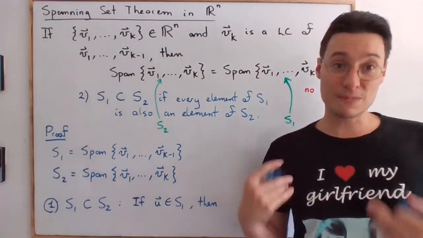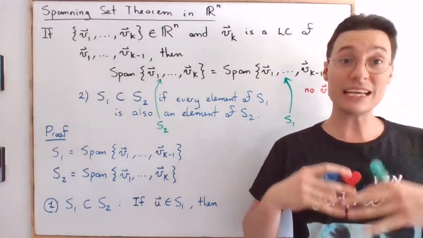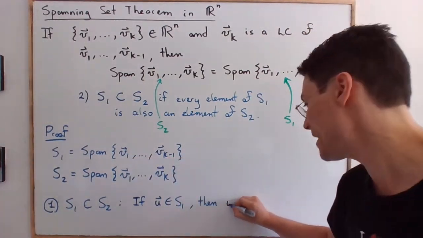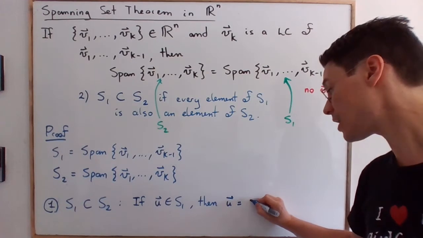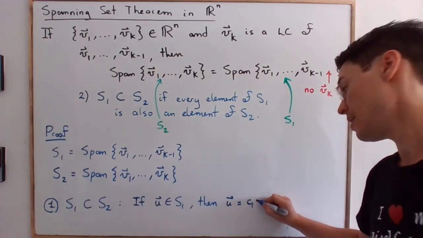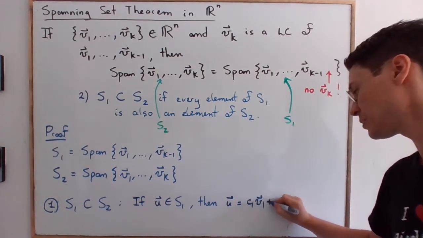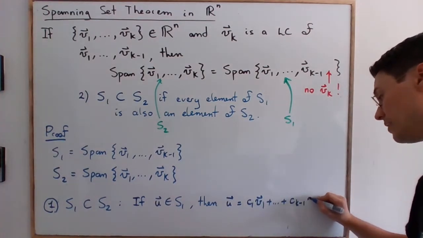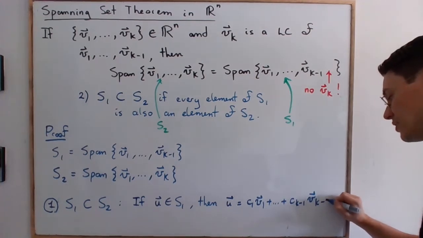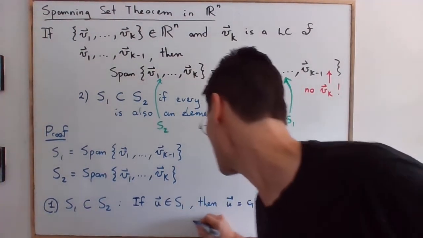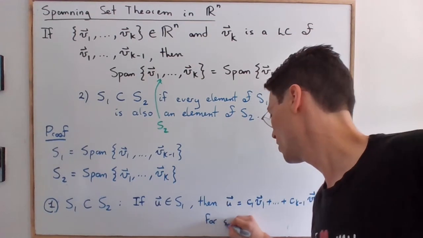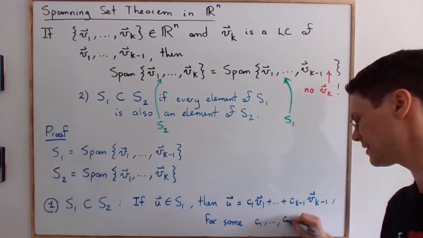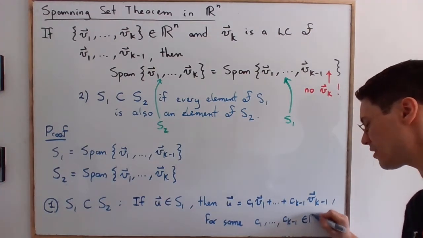then remember that the span, by definition, is the collection of linear combinations of all of these vectors. So then U is a linear combination, let's say c1 v1 plus ... plus ck minus 1 vk minus 1, for some c1, ..., ck minus 1 being real numbers.